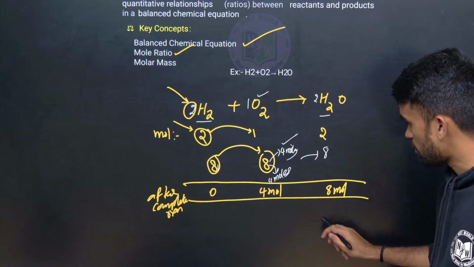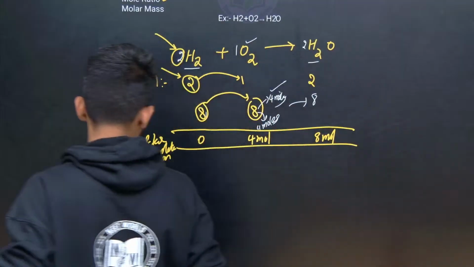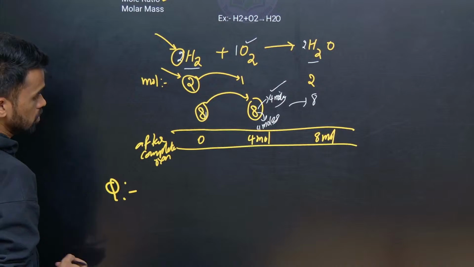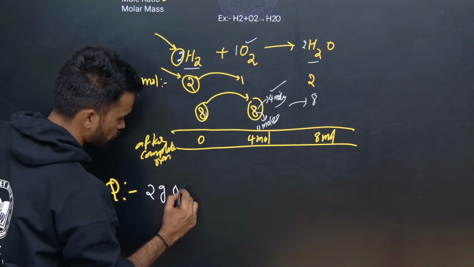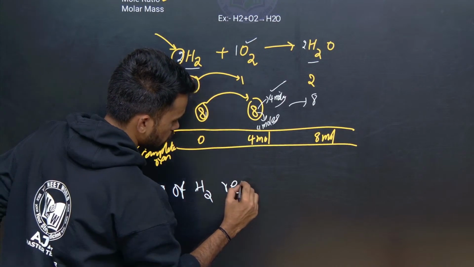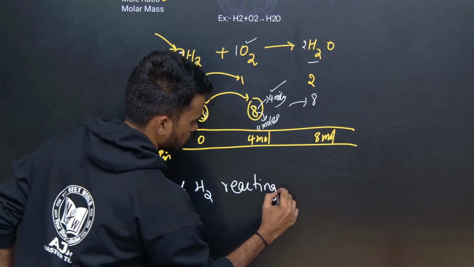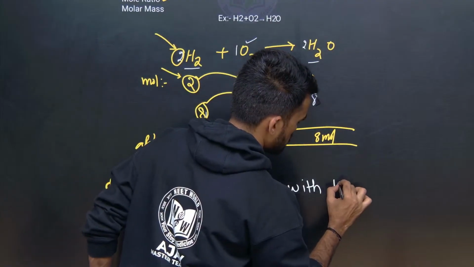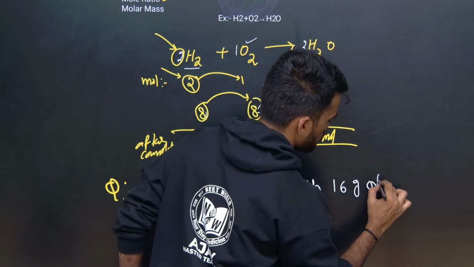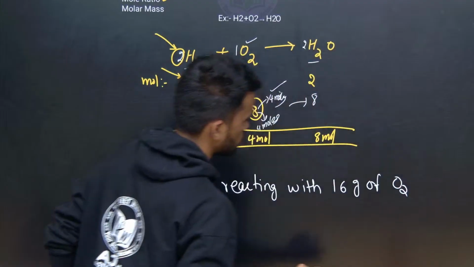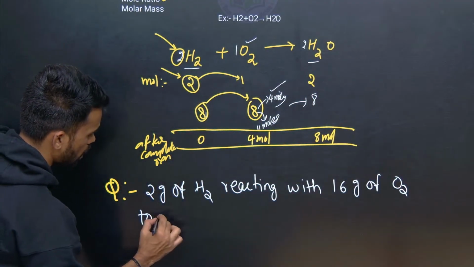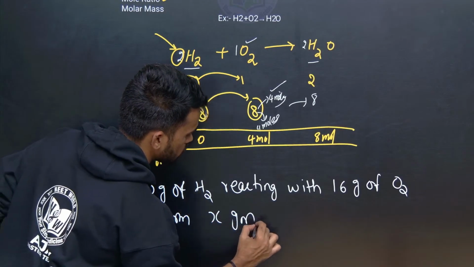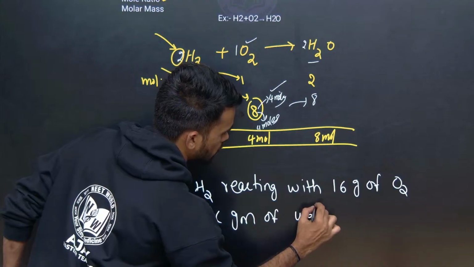It means I will be giving you one question. So you can try this question. 2 grams of H2 reacting with 16 grams of O2 to form X grams of water.